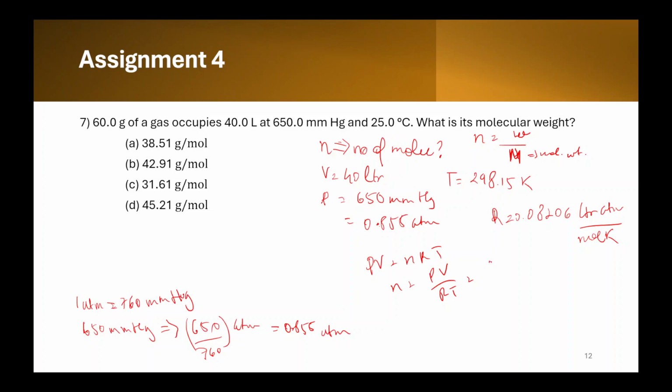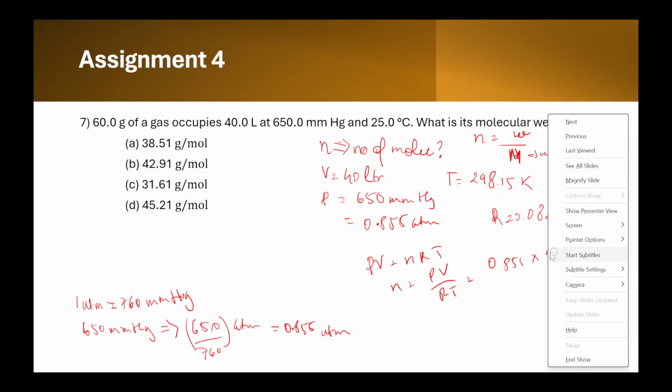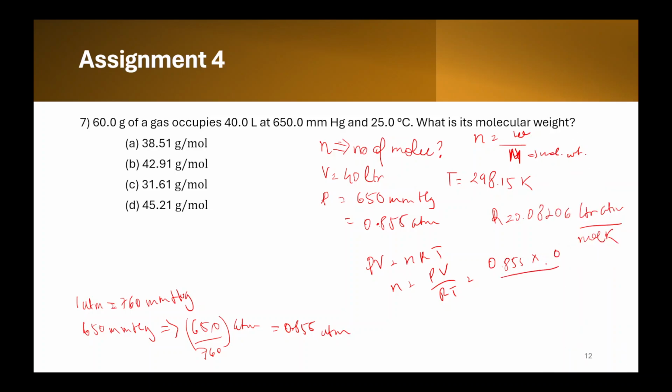So 0.855 into 40 liters, upon R which is 0.08206 into temperature which is 298.15.